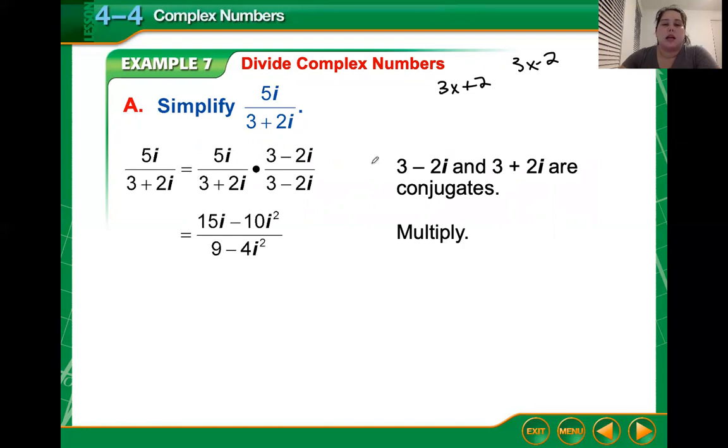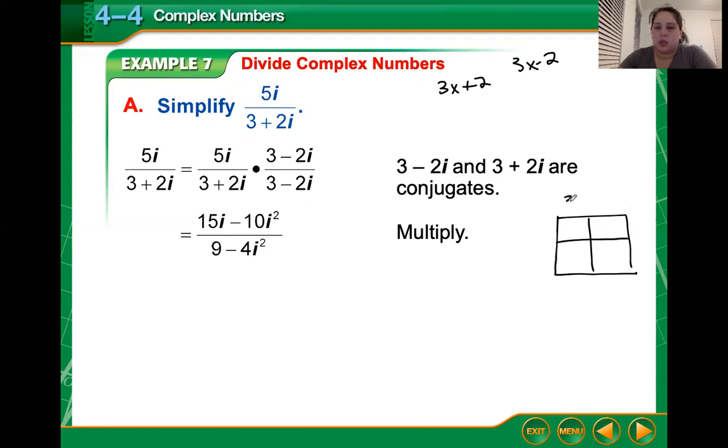When we multiply by the conjugate, we end up with a difference of two squares, which means we take the square of the first terms and the square of the last terms. I'll go ahead and show you that: the middle term will disappear, so that's why we call it a difference of two squares.